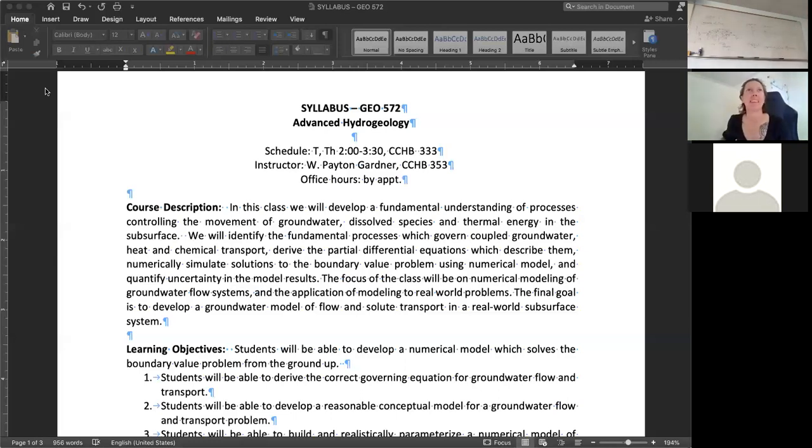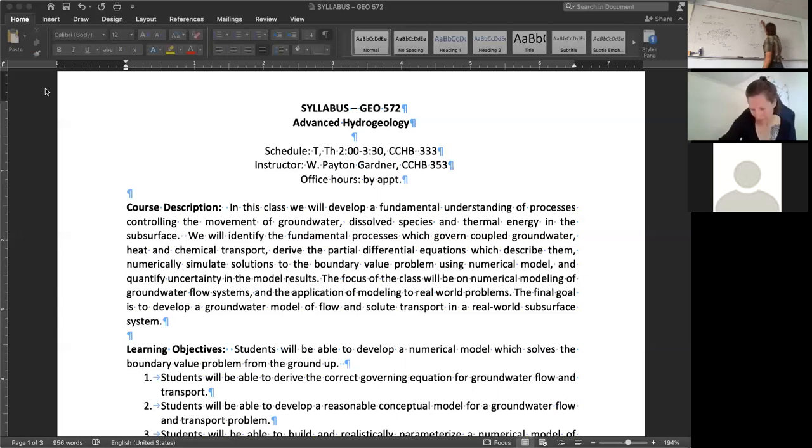Hydraulic conductivity times dH/dL times area. Or for flux, in the x direction, it would be negative K dH/dx. So this relates flux to a gradient in head. That's what Darcy's law does.